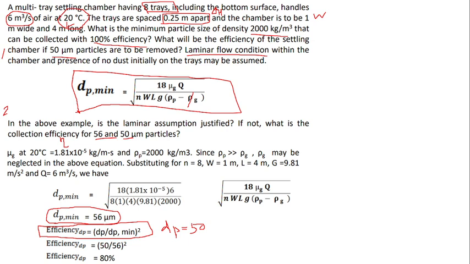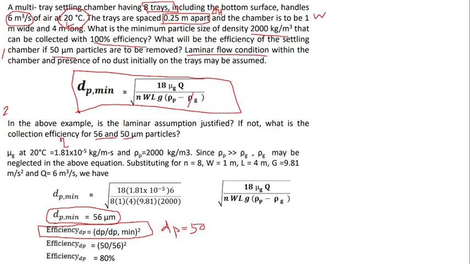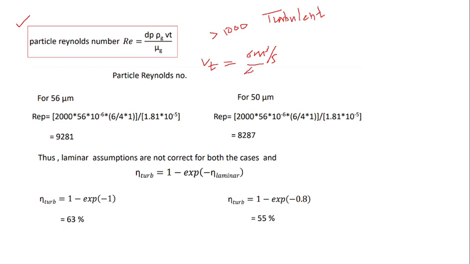The flow rate is given as 6 meter cube per second, the length is given as 4 meter, and the width is given as 1 meter. So meter square and meter cube get cancelled, and you will arrive at meter per second. Here the Vt is calculated in this way.